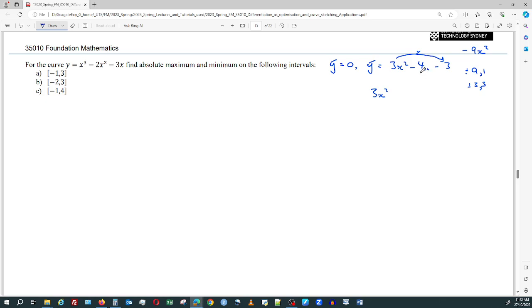So minus 4x, we're not going to get there with, is there anything else we can do? 3 and 3 might be 3.